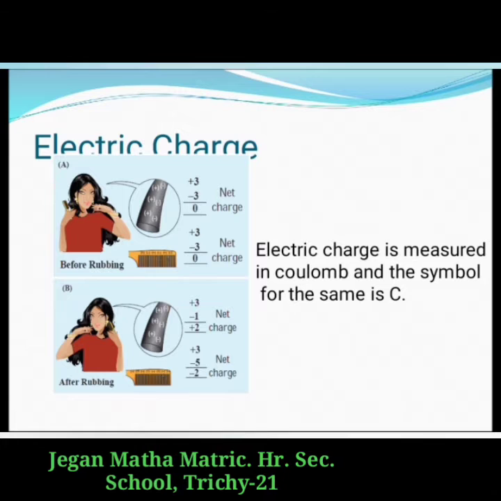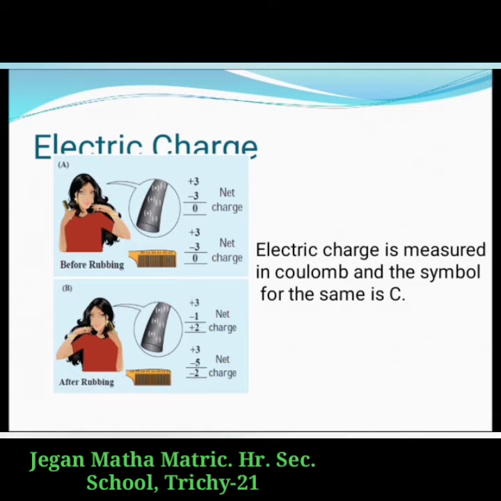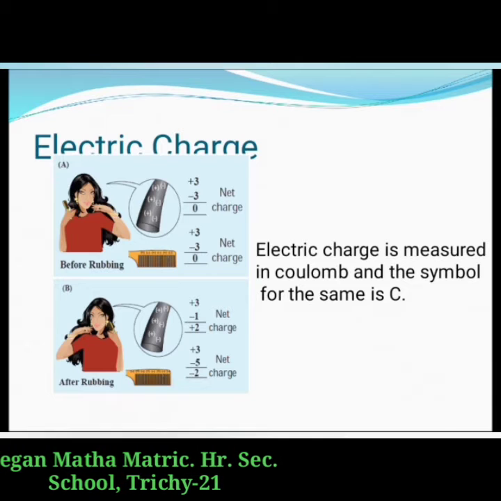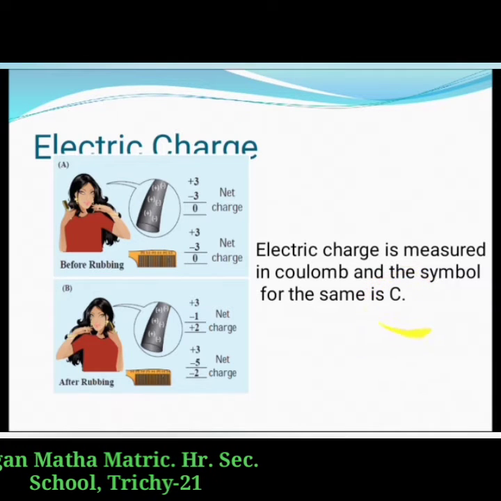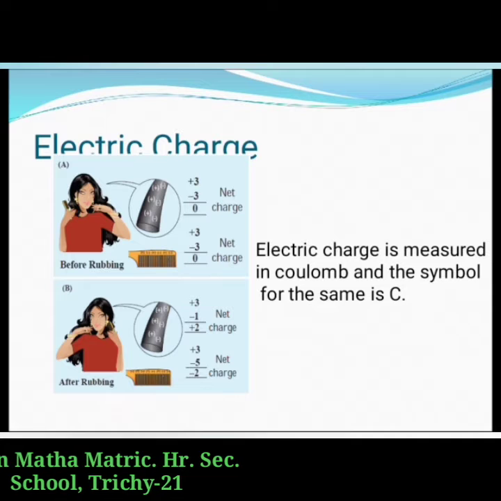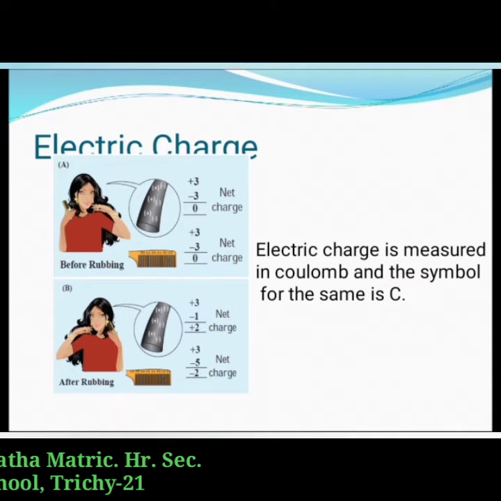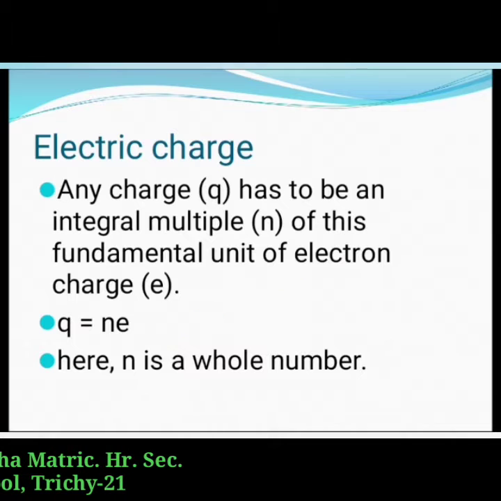Here the electric charge is measured in coulomb and the symbol for this is capital C. The charge of an electron is numerically a very tiny value. The charge of an electron is the fundamental unit with a charge equal to 1.6 × 10^-19 coulomb.